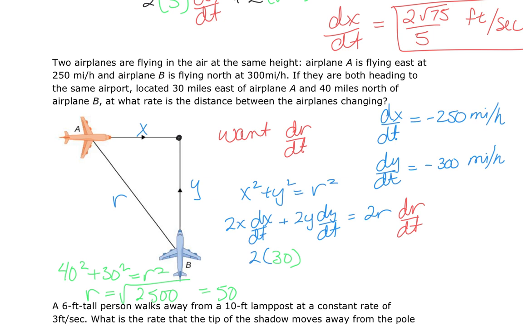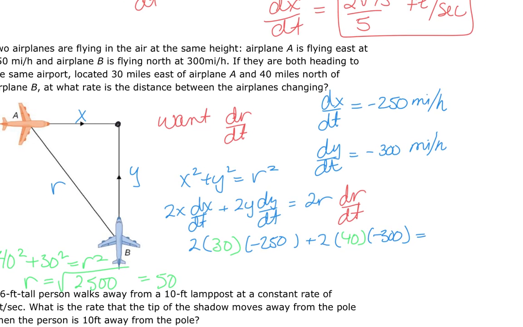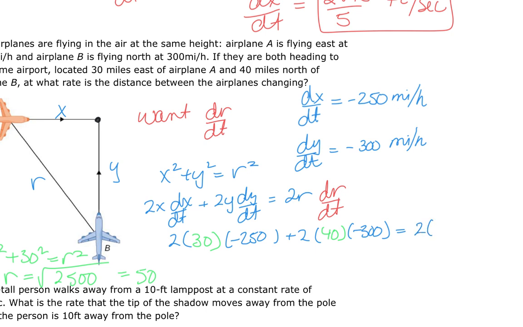My related rate dx/dt is a negative 250. Then my 2y, my y snapshot in time is 40. My related rate is a negative 300. This is going to be equal to 2 multiplied by r, which is 50, and dr/dt, I'm going to actually do that in red.